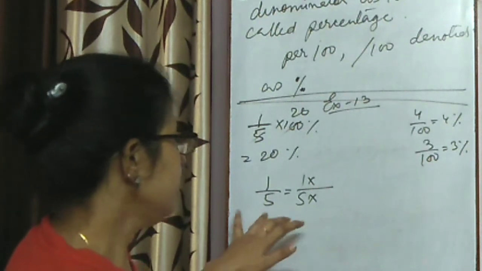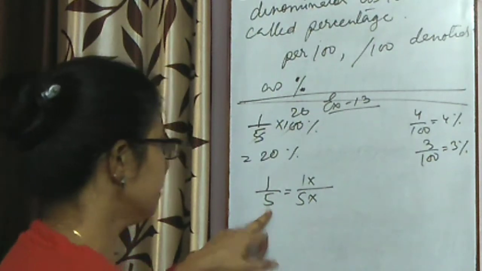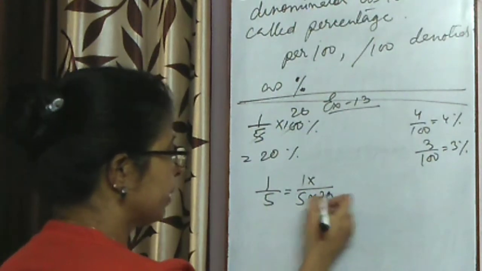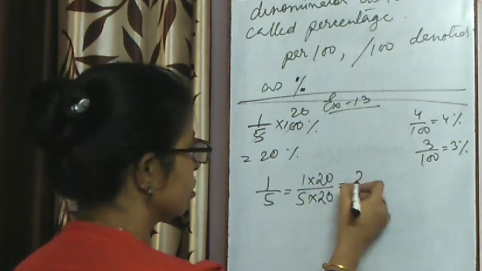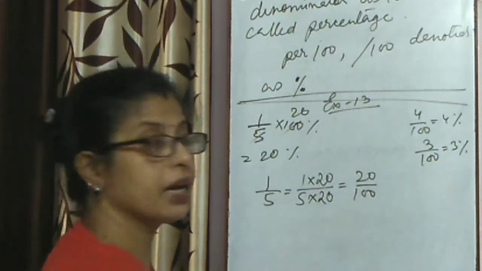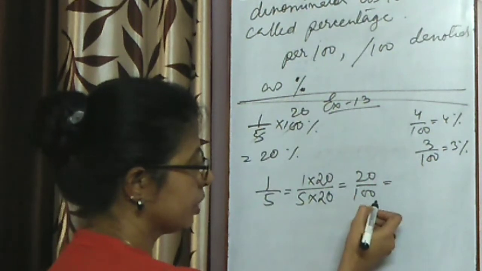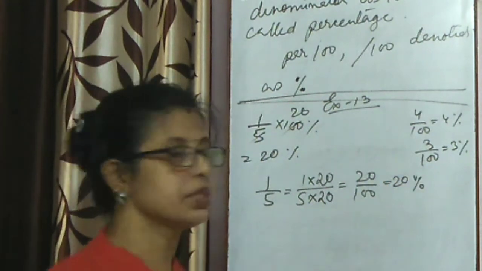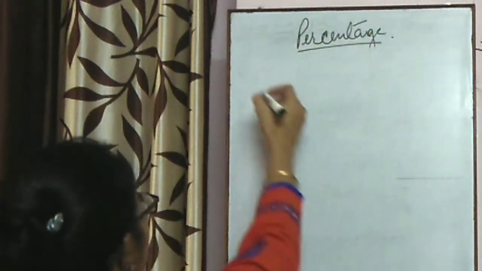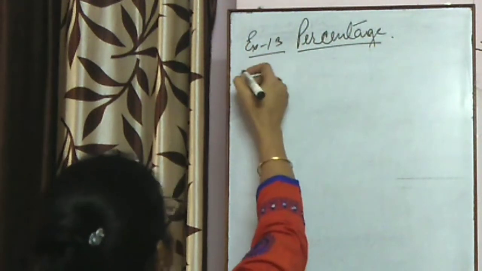We find the decimal, so there we won't try, but here it is possible. 5, if I multiply it by 20, then the numerator also you multiply by 20, so what will come? 20 by 100. Okay, so whenever there is 100 in the denominator, the numerator we write as a percentage. Clear?